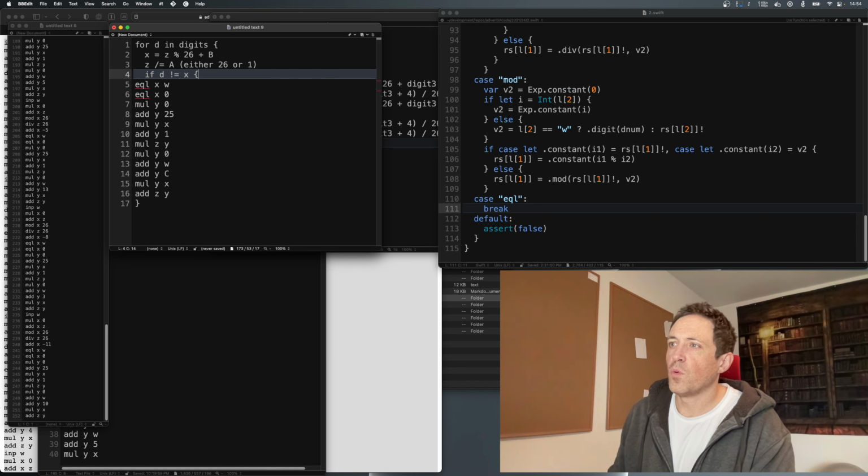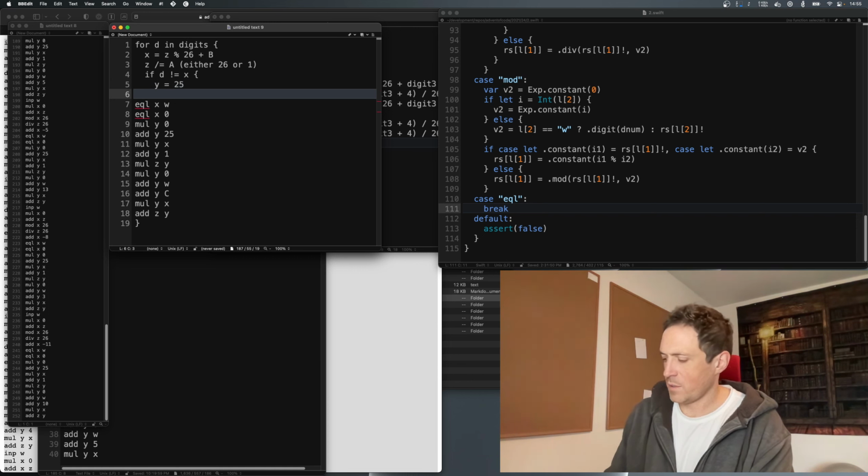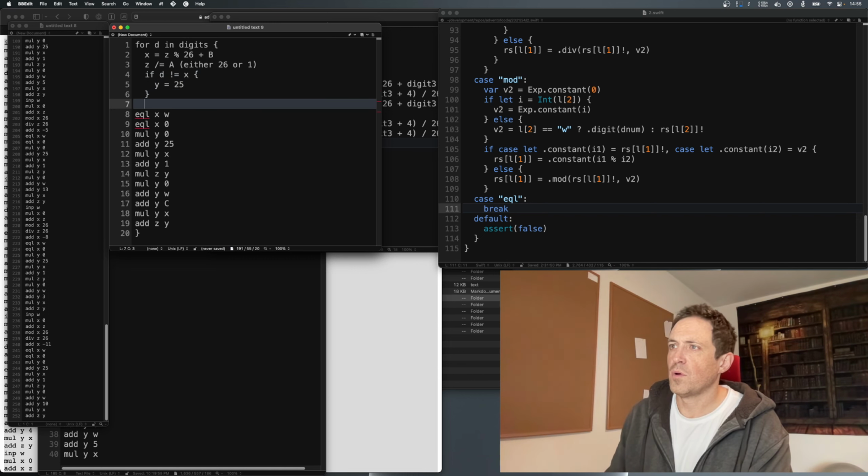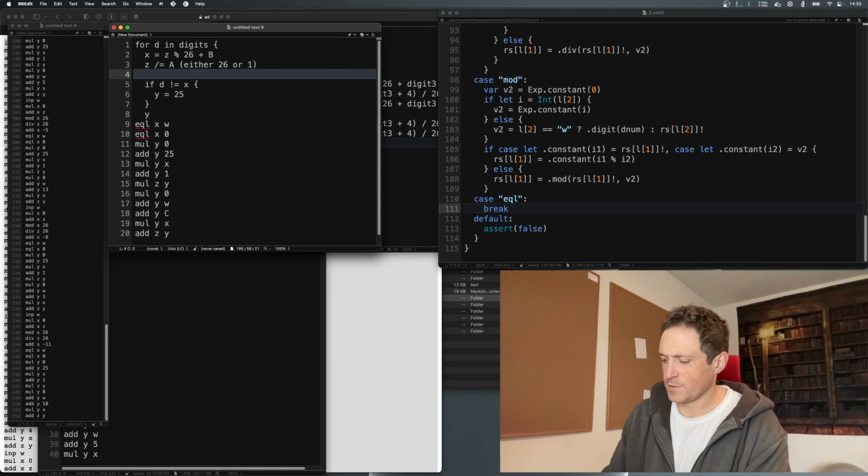So Y equals 25. Right, and then, well, okay, we might need to actually simplify this.